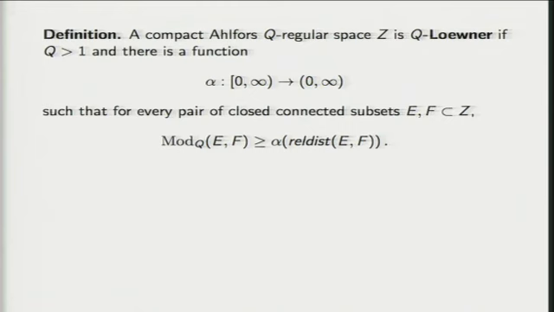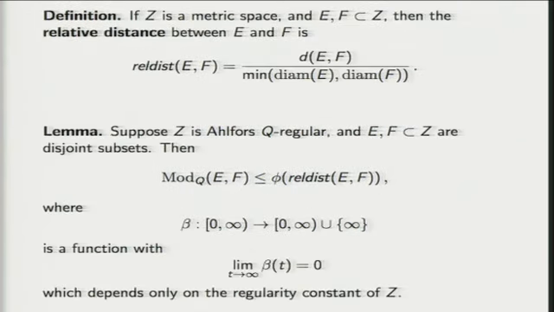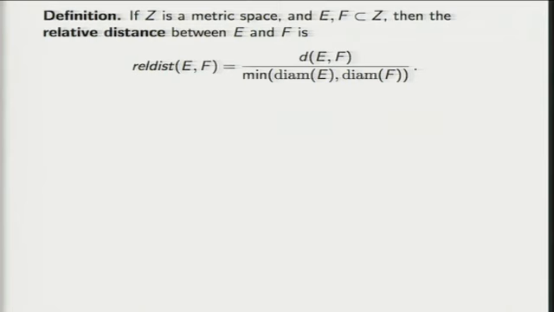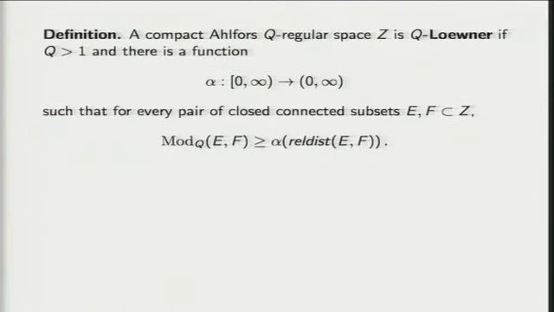so the key definition here is the following. If you have a Q-regular space, I just pointed out that in general, the modulus is bounded above by some function of relative distance. And this next property, being Loewner, is the opposite, the other kind of bound.